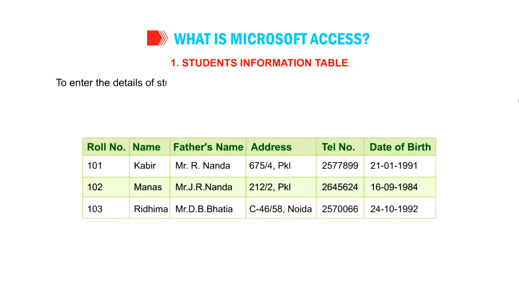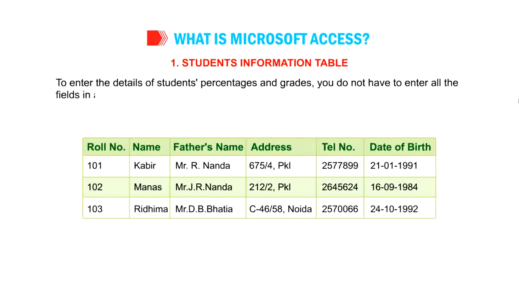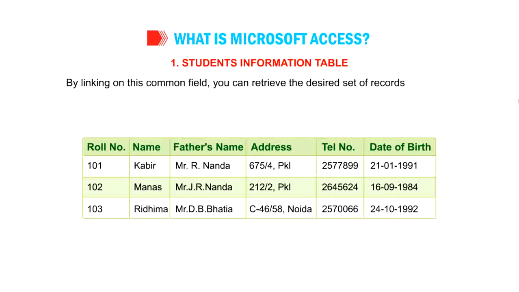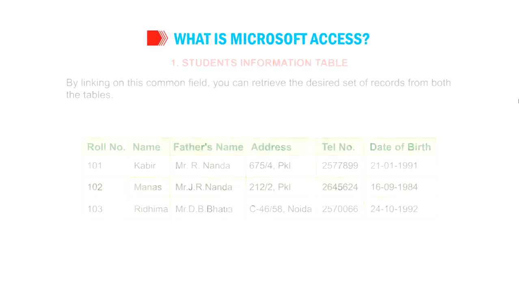To enter the details of students' percentages and grades, you don't have to enter all the fields in a separate table, which have already been entered in the Students Information Table. You will take only a common field in the second table. By linking on this common field, you can retrieve the desired set of records from both the tables.